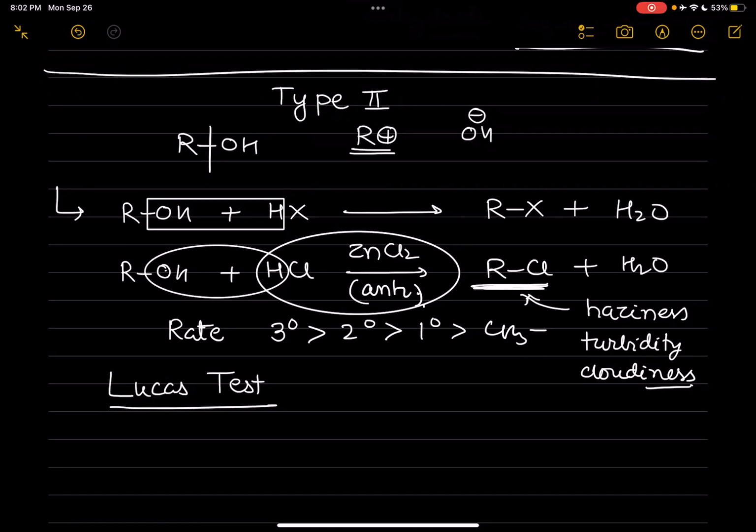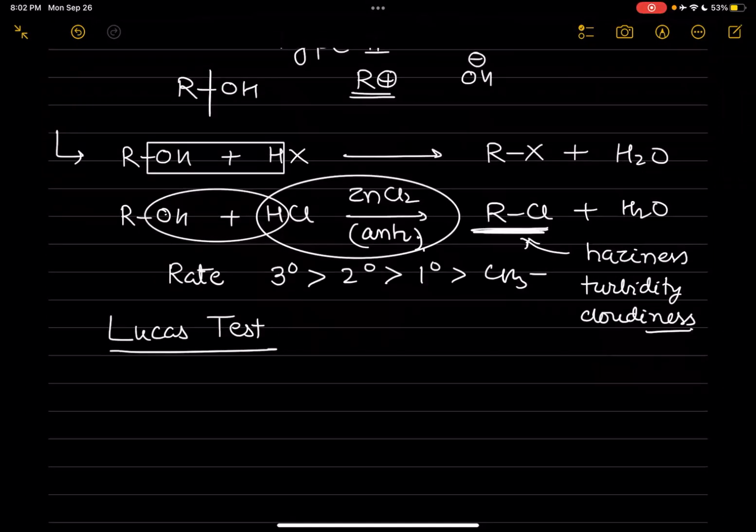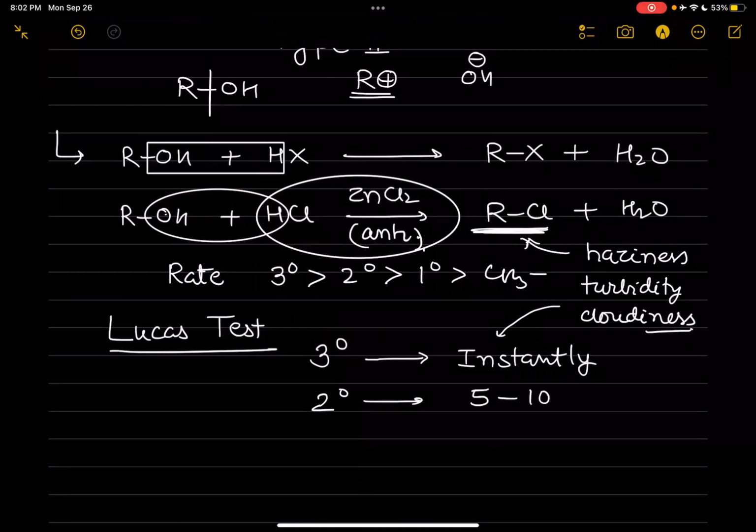The tertiary alcohols are most reactive because they form cation very easily. So for tertiary alcohol, the time for the appearance of turbidity is instantly. For secondary alcohol, it is 5 to 10 minutes.